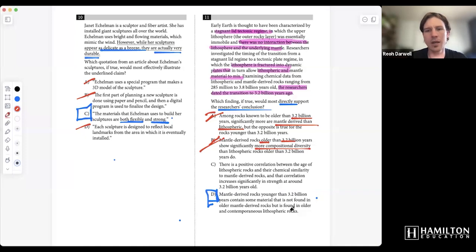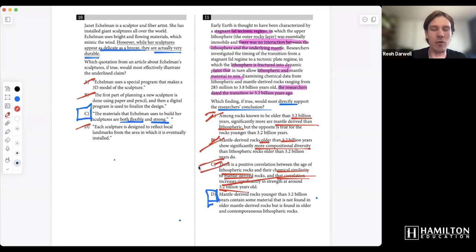Now, C, positive correlation between the age of lithospheric rocks and their chemistry or something like that, right? Well, one, that correlation increasing significantly in strength at around 3.2 billion years ago is kind of weird. But the biggest issue here is that a positive correlation between the age of lithospheric rocks and their chemical similarity to mantle-derived rocks would mean that the older a lithospheric rock is, the more similar it is to mantle-derived rocks, right?